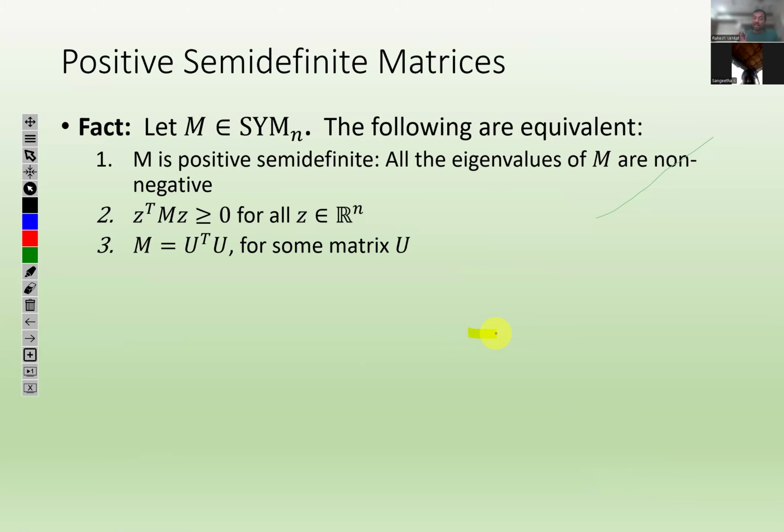The second equivalent definition is that Z transpose MZ, which is the quadratic product, is non-negative for all Z in Rn.